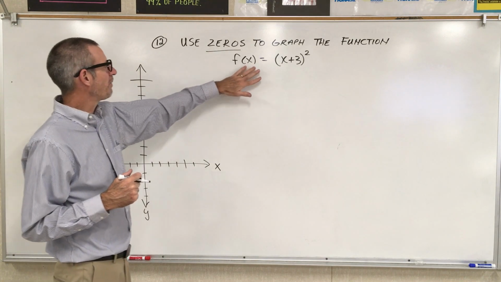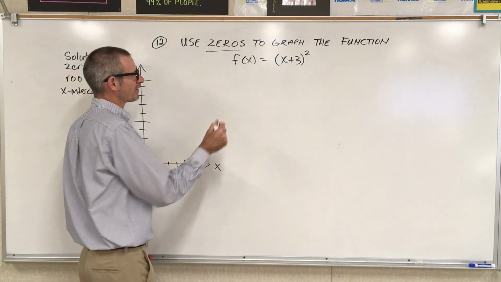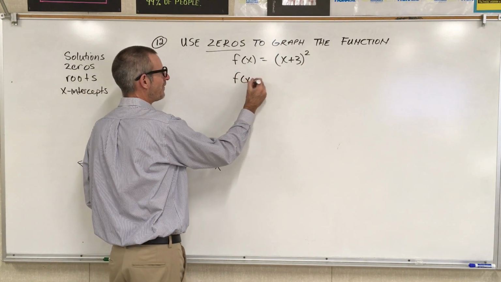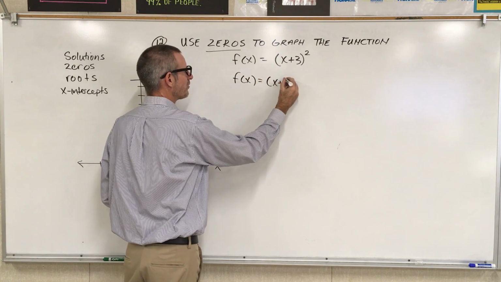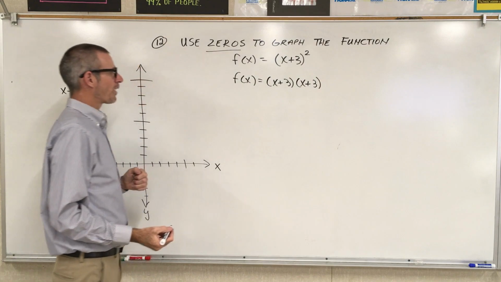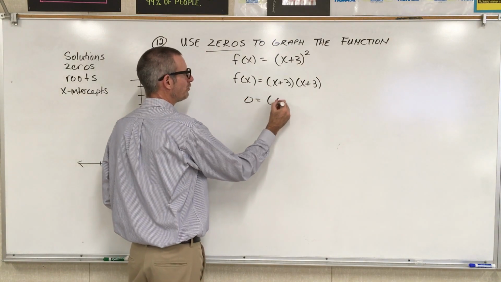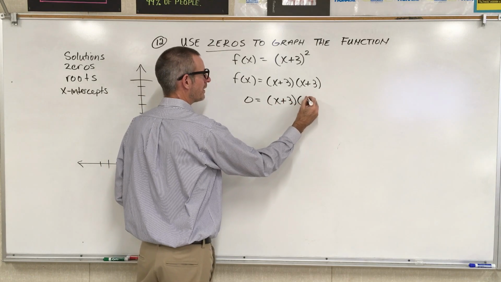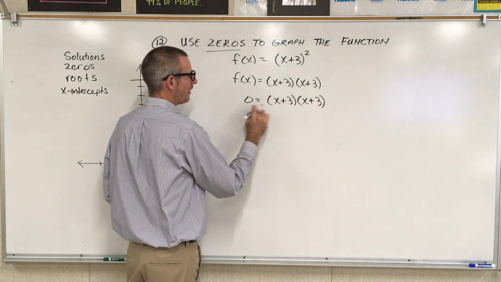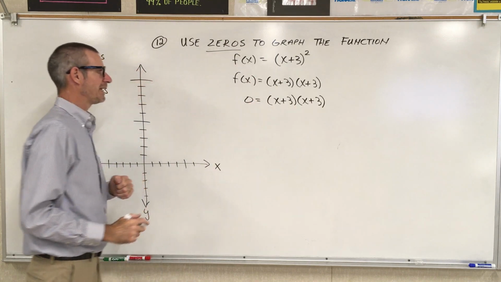So on this problem, we want to graph the function. So I'm going to start by writing it in intercept form. So that'll be f of x equals x plus 3 times x plus 3. Now I know if I want to find the x-intercepts in intercept form, I just have to find the solution to this equation. What are the x values when the y value is 0?